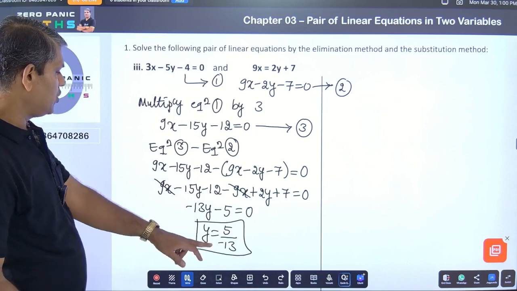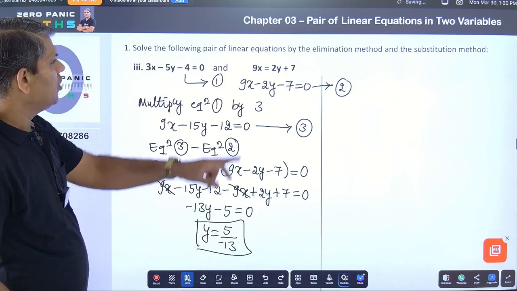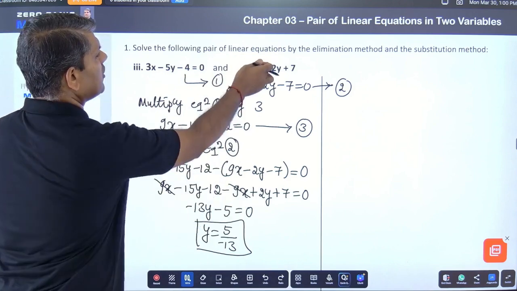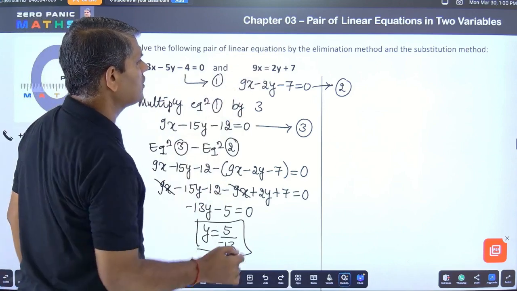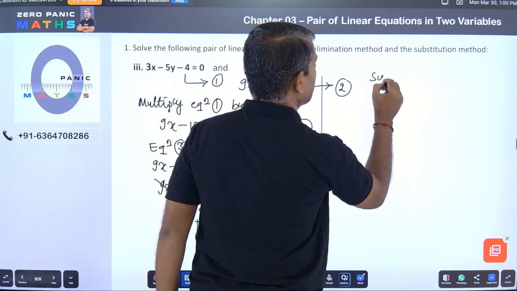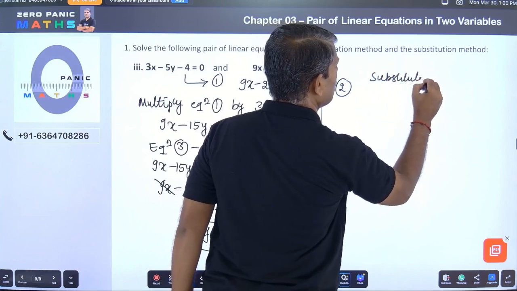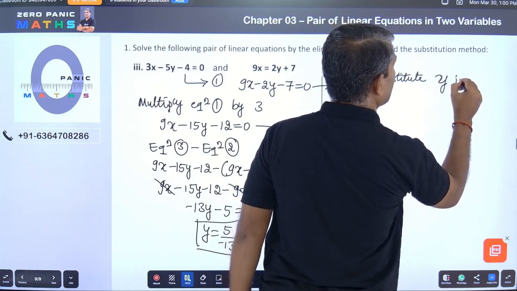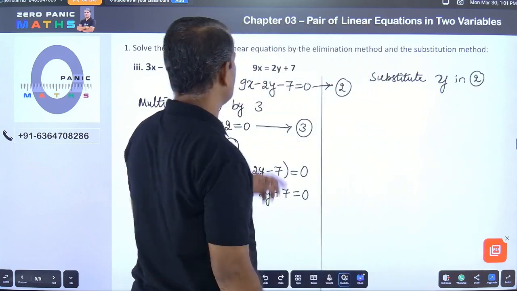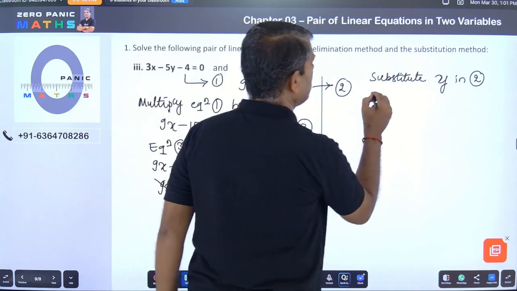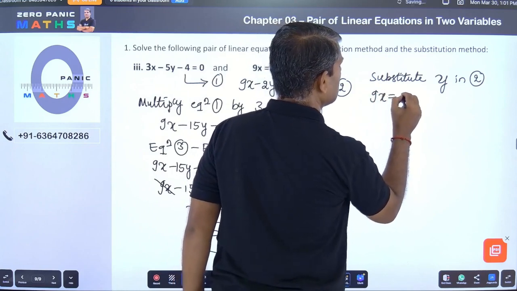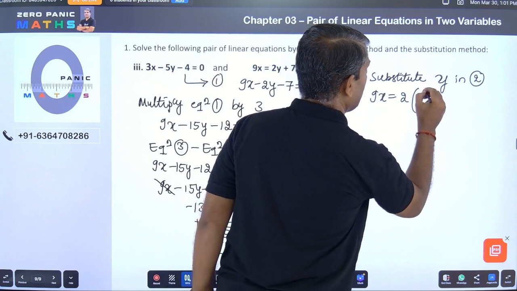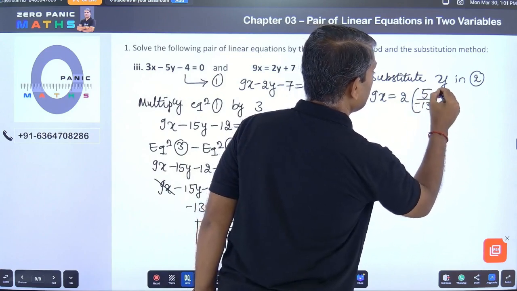Now let us substitute 5 by minus 13 into any one of these equations to get the x value. Let us substitute in equation 2, because the x value is not there yet; substitute the y value in equation 2. What is equation 2? 9x is equal to 2y plus 7. What is y? 5 by minus 13, or you can say minus 5 by 13.